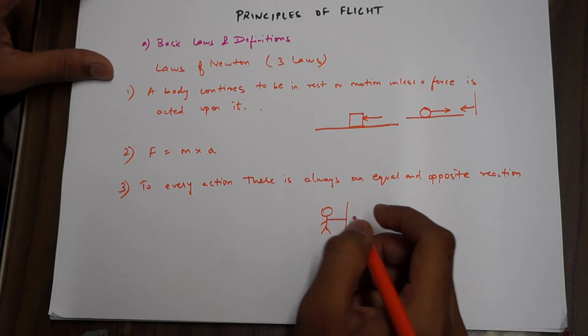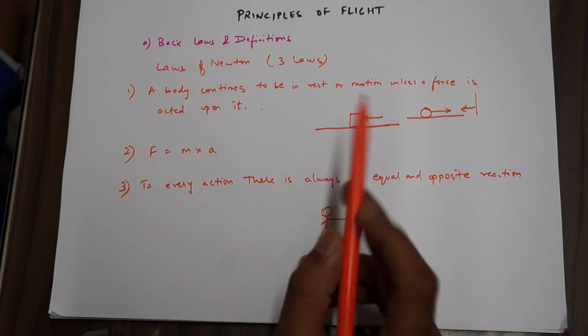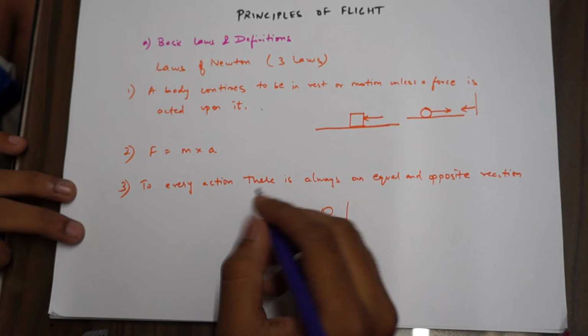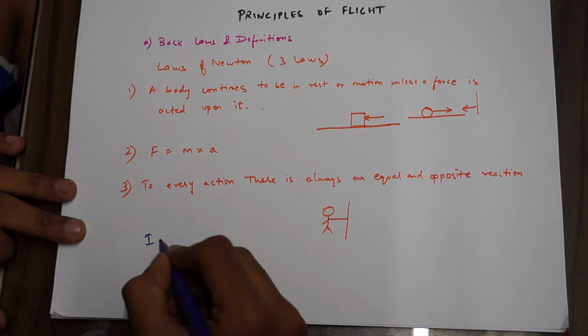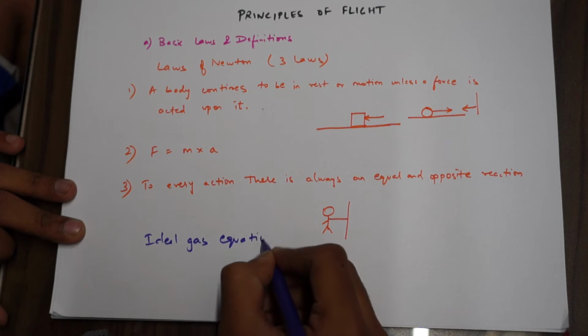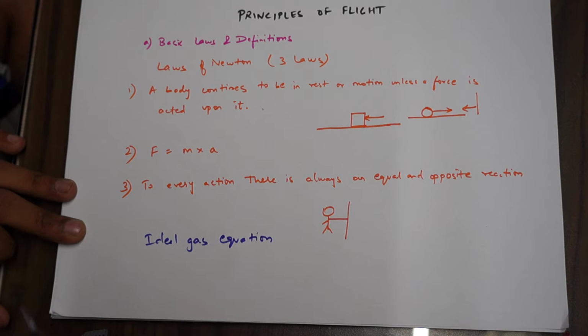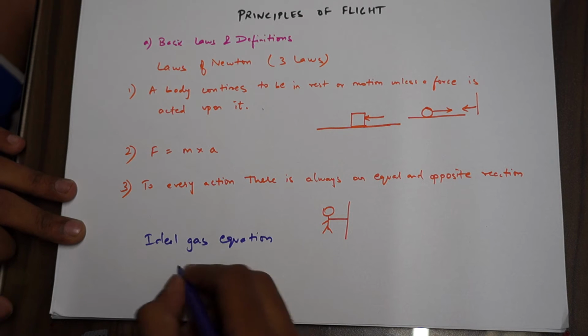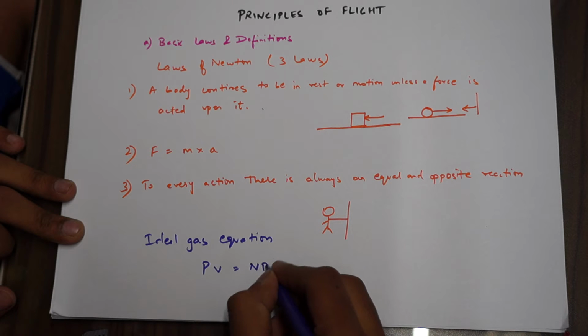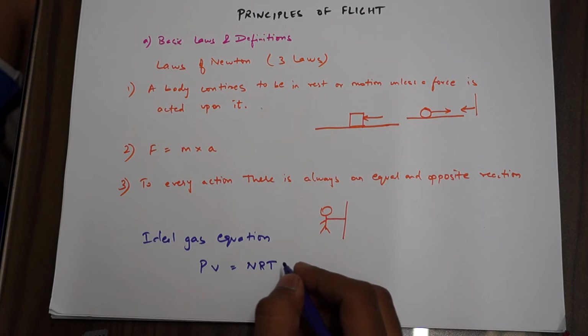Now we'll come to another topic given in the portion, that is ideal gas equation. This is PV equal to nRT. This was a combination of Boyle's law and Charles law.